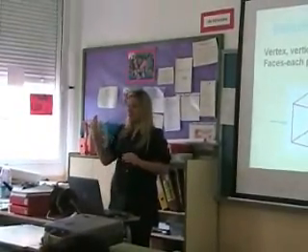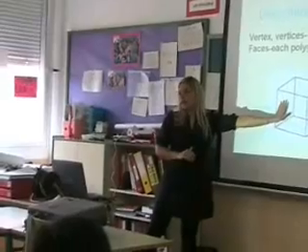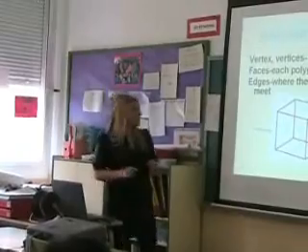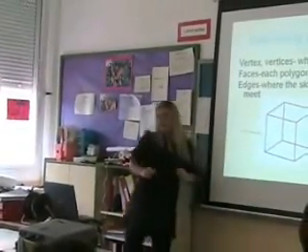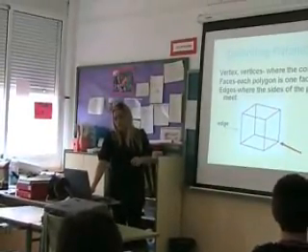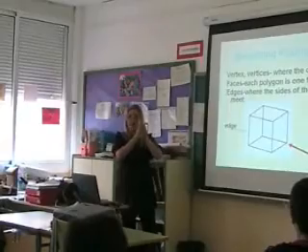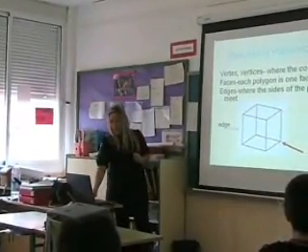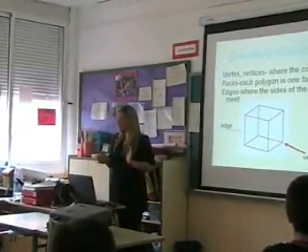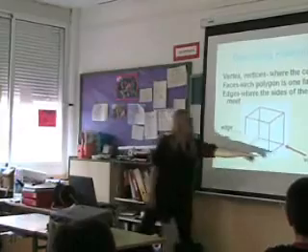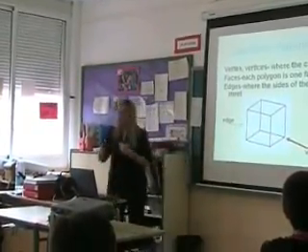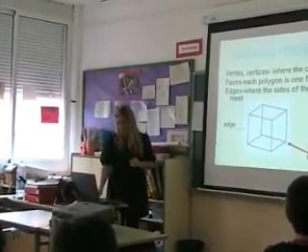Okay, the faces are the shapes. The square, 1 square, 1 face. And finally, the edges. Here, that's an edge. Where 2 squares meet is an edge. Okay, so this is an edge, here, like that. And that's a vertex. Okay. Any questions? Okay, so 3 words we use. Vertex, face, or an edge. Okay? 3 words to describe the shape.